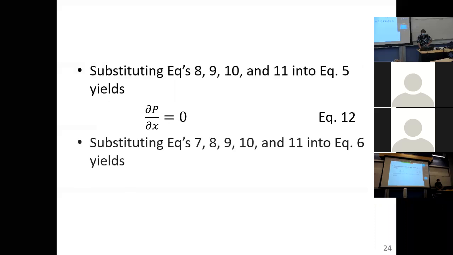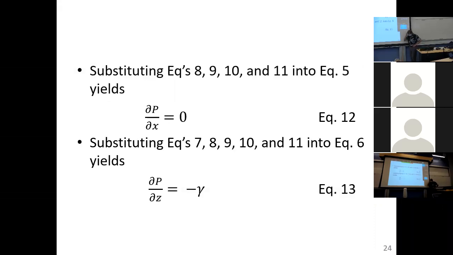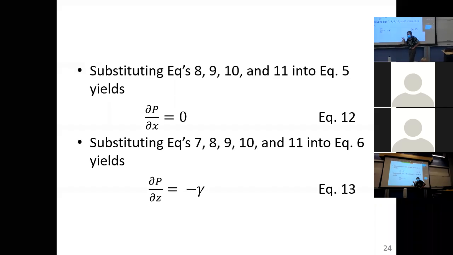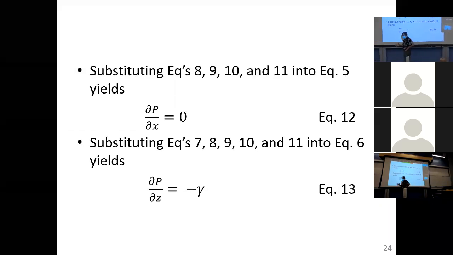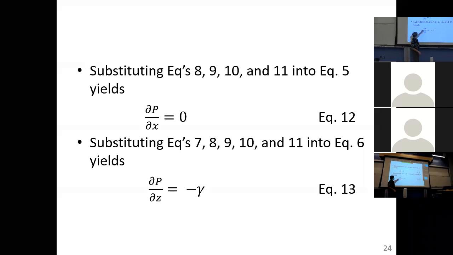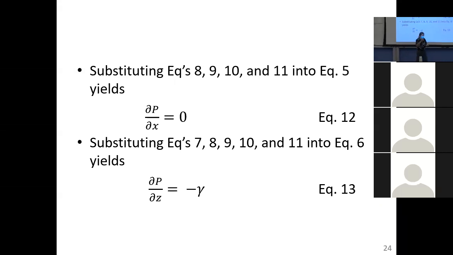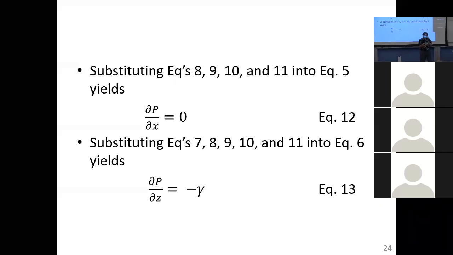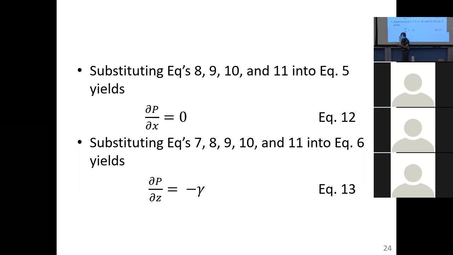So when we look at that and put everything into this base pressure, capital P, and we substitute into the equations of Newton's first law in the X and the Z direction, the first thing we find is dP/dX is 0. It's a partial derivative because we assumed pressure varied in X, Y, and Z. So pressure is a function of multiple variables. But this first one says that dP/dX, and therefore dP/dY, are 0.